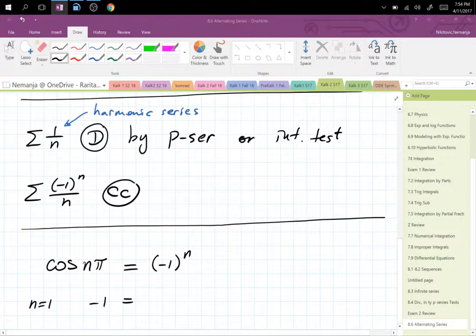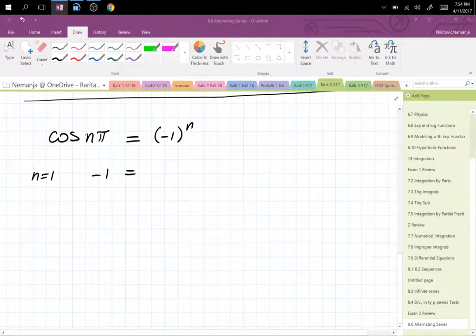And what's -1 to the 1? -1. For n equals 2, what's cosine of 2 pi? 1. And what's -1 squared? You see how they are producing the same numbers? So if you want to be fancy, you can write -1 to the n as cosine n pi.